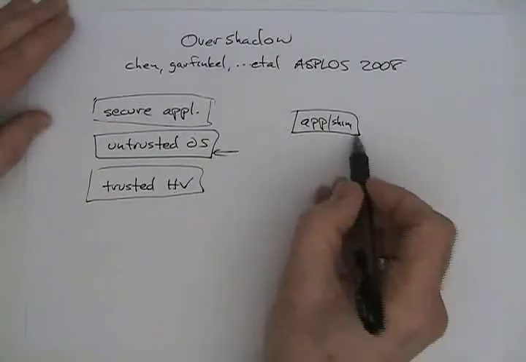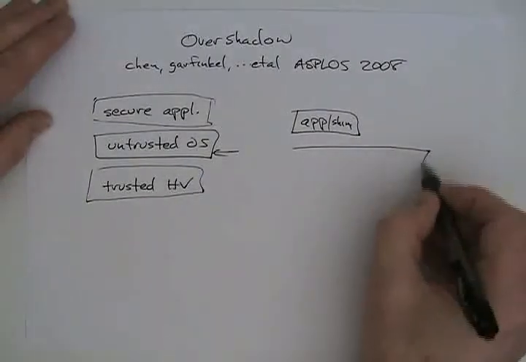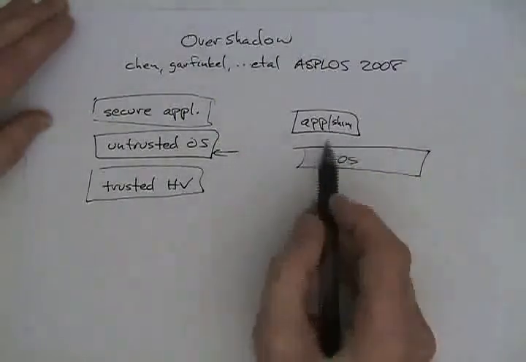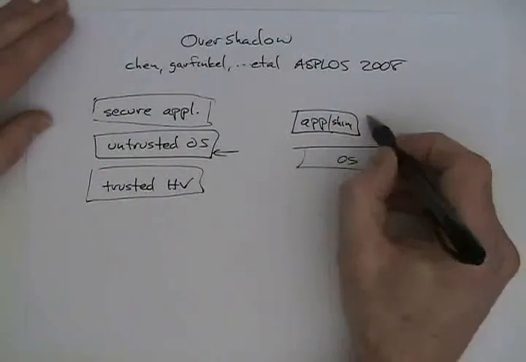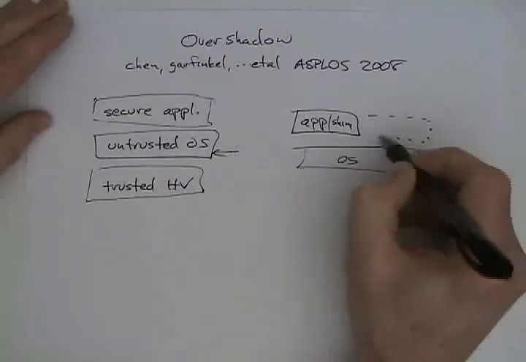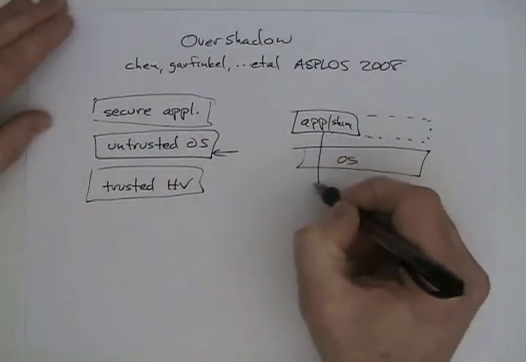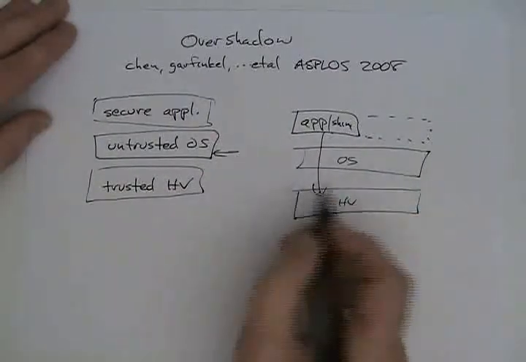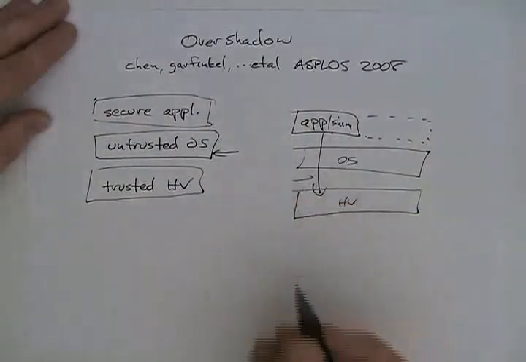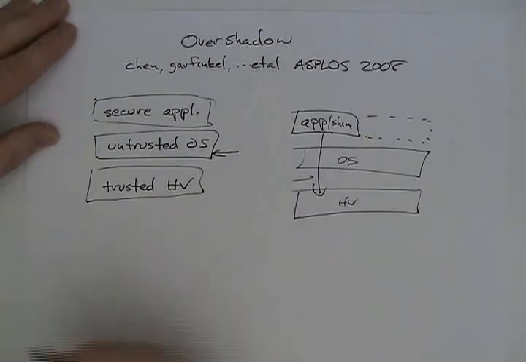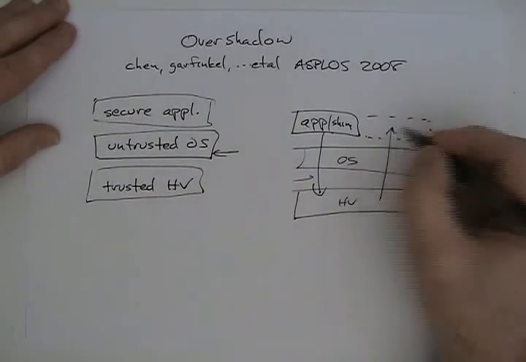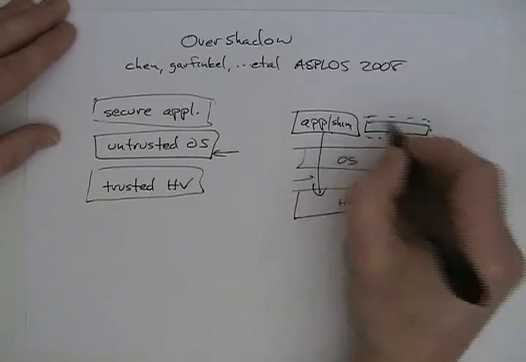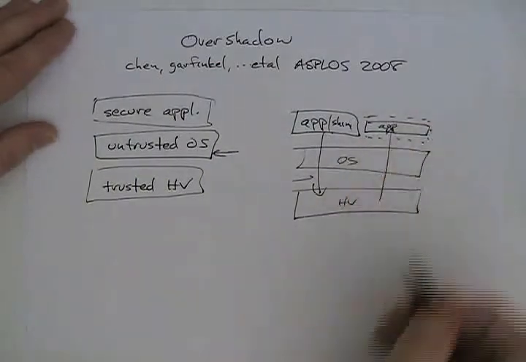So what was loaded by the untrusted OS was actually this small application, which would allocate a bunch of memory and then directly communicate to the hypervisor using some type of exception mechanism, basically a hypercall, which would load the program up, the real application here.